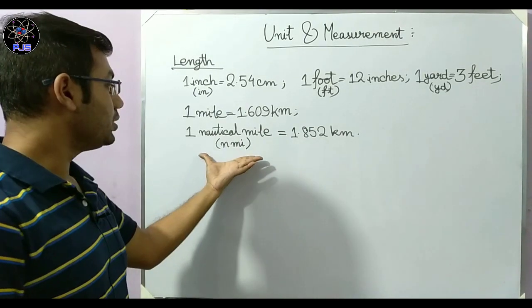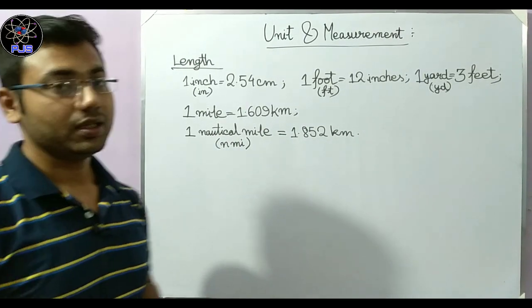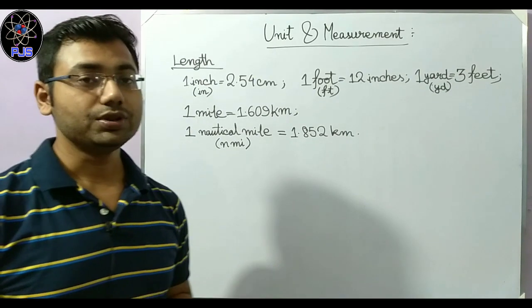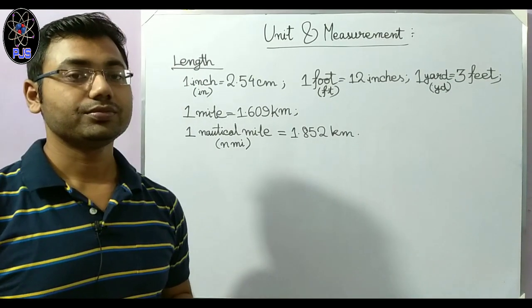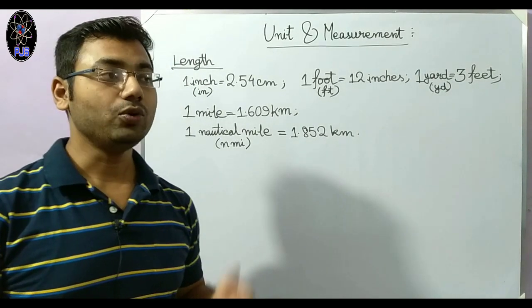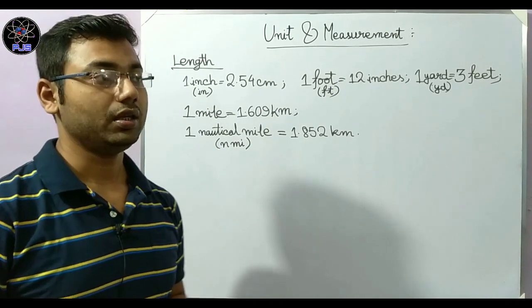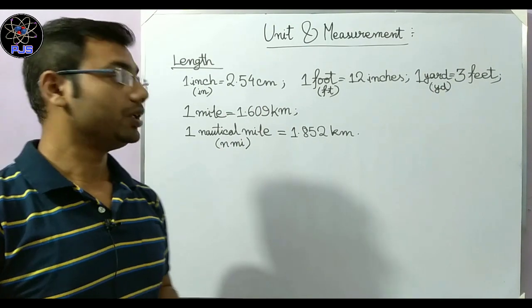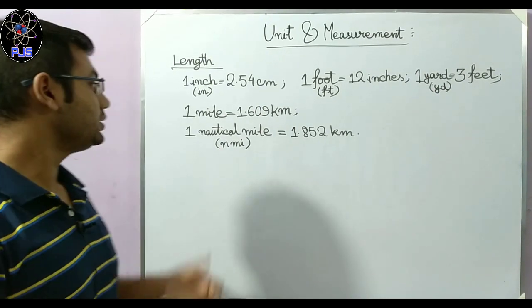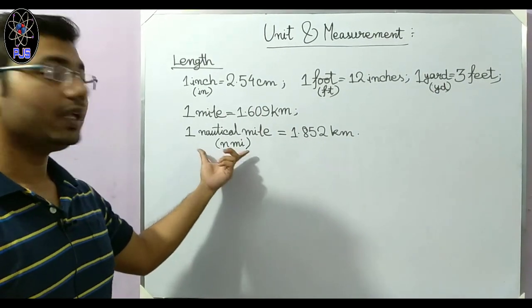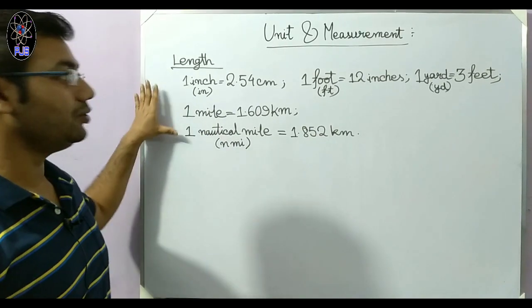This nautical mile is used in case of distance along water. In case of seas and oceans, the distance is denoted by nautical mile. Okay, these are very useful.